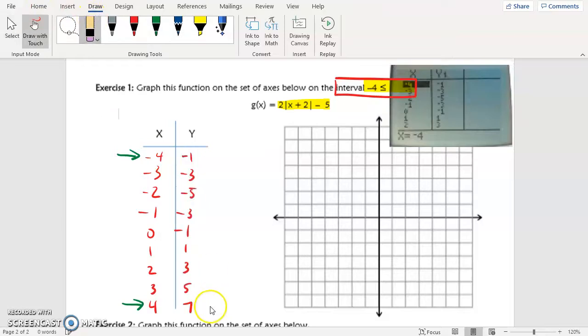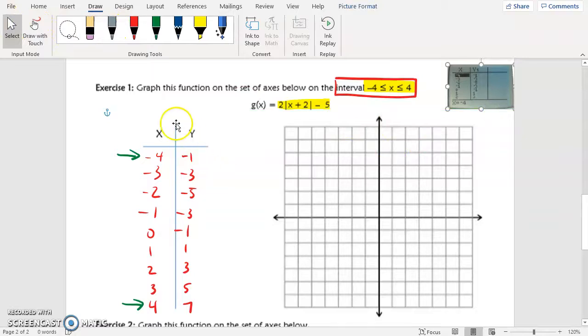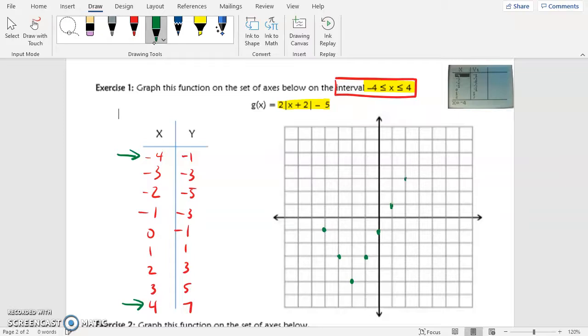And it's always a good idea to copy that table down, starting at -4, stopping at +4 in this case. From here, all you got to do is plot those points once again. So -4, 1, 2, 3, 4, -1, -3, -3, -2, -5, and plotting all of our points like so.